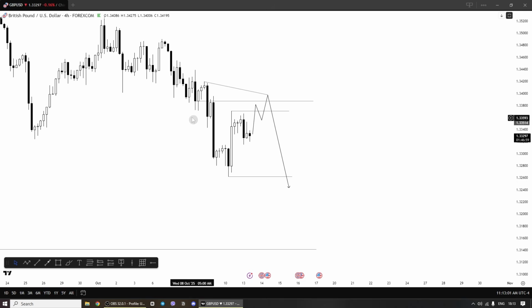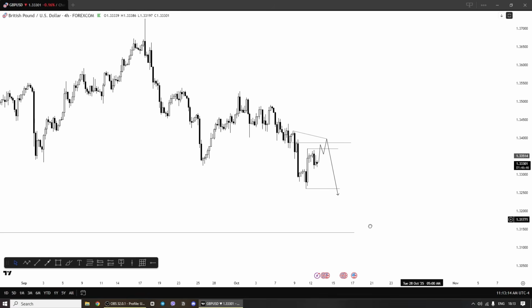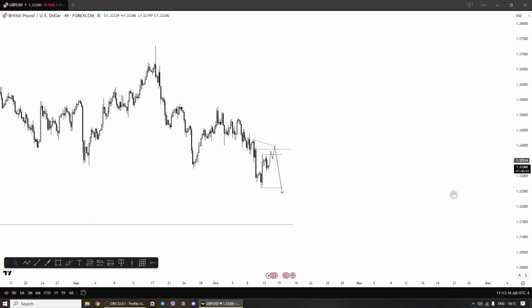I have an explanation about why this inside. And once this draw on liquidity is met, I would want to see first how it is met.